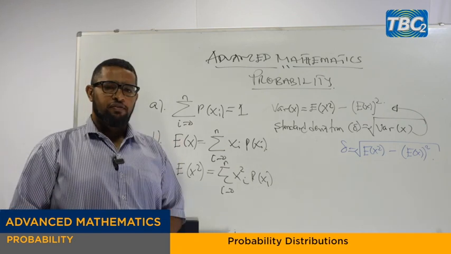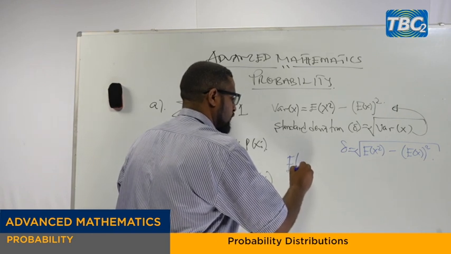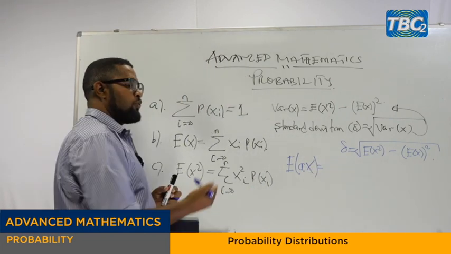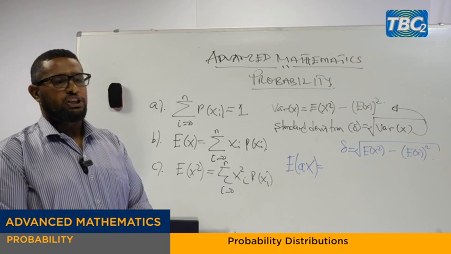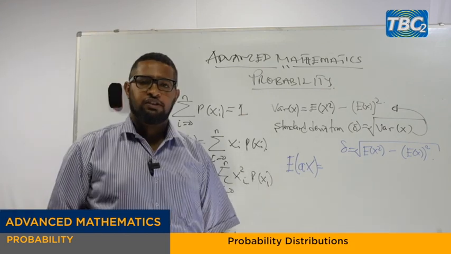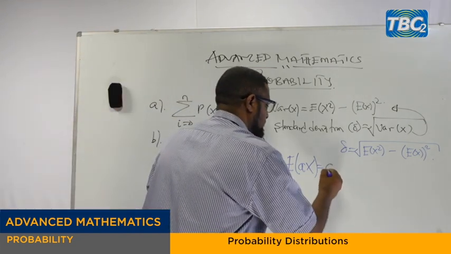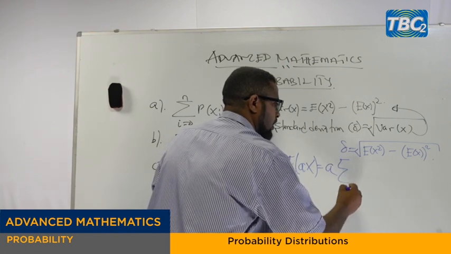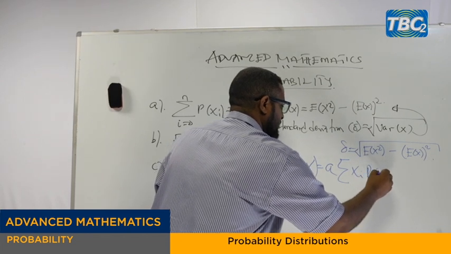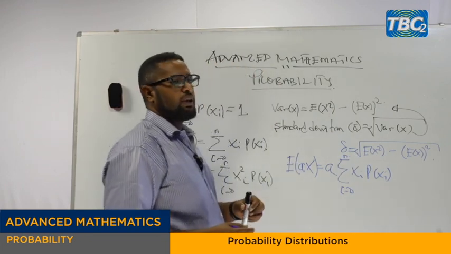Now, what if you are given a question like this one? Find the expectation of a constant a with the given variable x. How do we find the expectation of that variable? My dear students, this a is just a constant number. We normally take it out. So this one becomes a times the summation of the variable x and its probability from i equals 0 up to n.